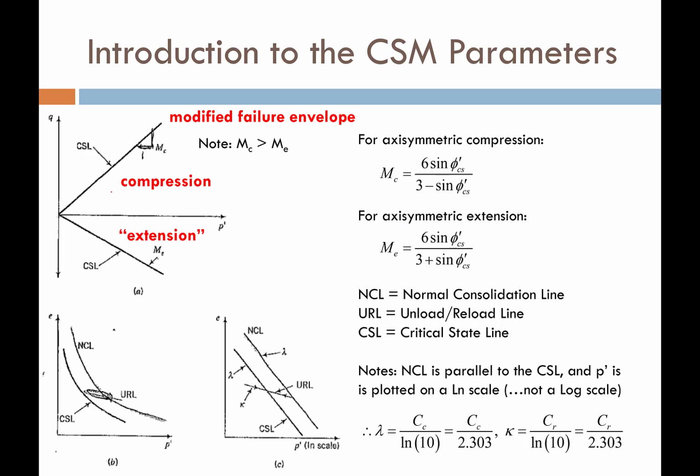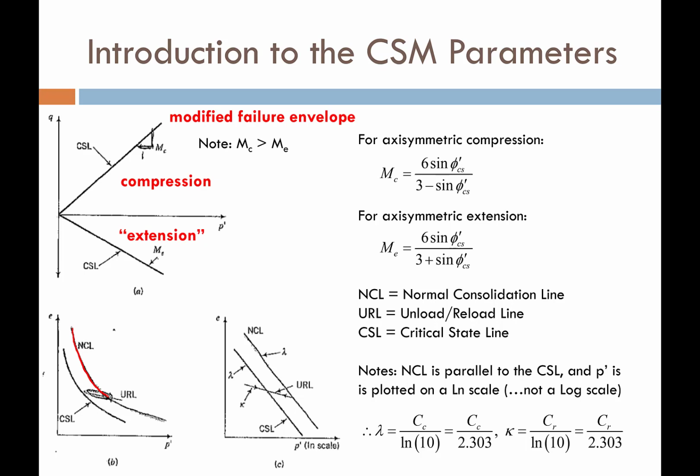Okay, from stress path space, we can move down here and project onto void ratio versus mean stress space. And if we project that critical state line onto that space, it becomes a curved line. The critical state line is curved. And interestingly, if we were to plot the consolidation curve onto this space, it would look like this.